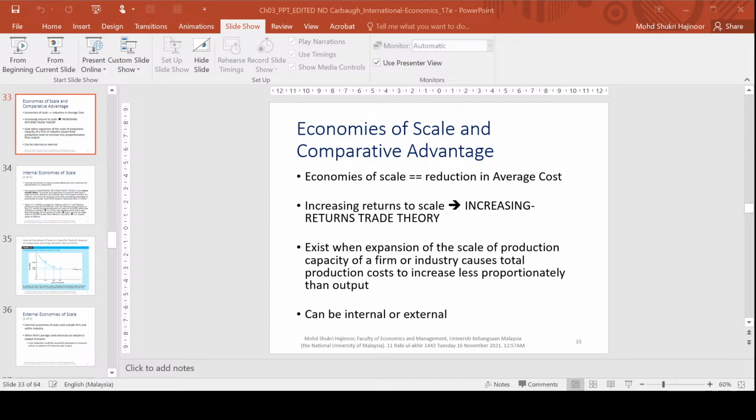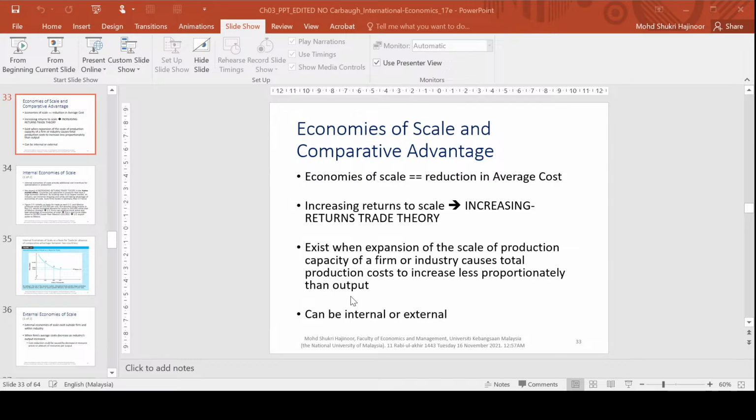So now the US, still operating on the same average cost line, will produce at point B. As a result, more output, and economies of scale are achieved.